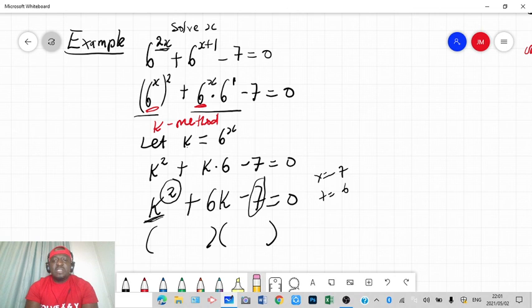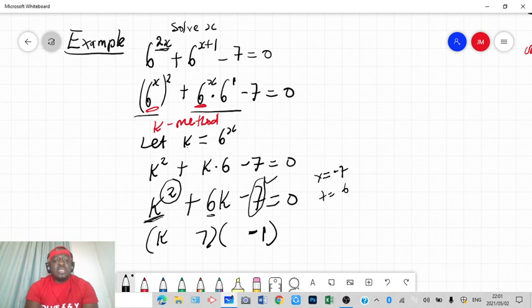You can see 7 is a prime number, so the only factors it has are 7 and 1. Hence, when I make 1 negative, 7 times negative 1 will give me negative 7, and 7 minus 1 will give me my 6, which is positive.